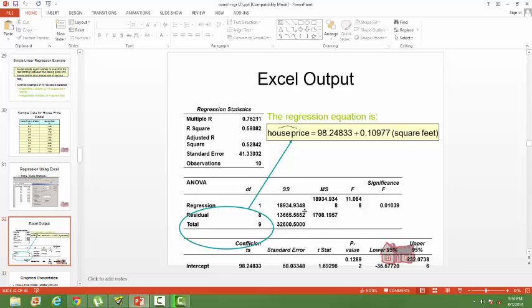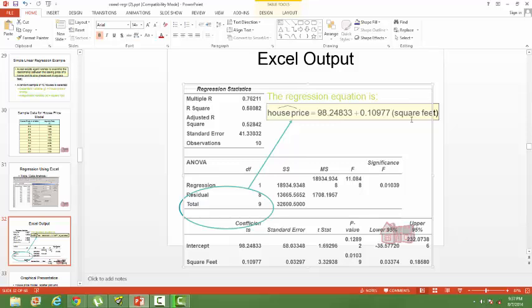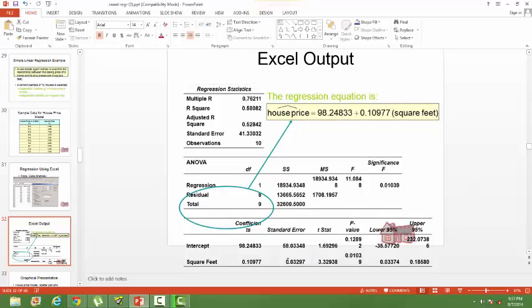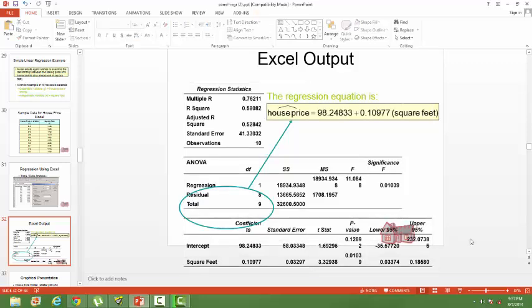In the regression output, as you can see, anyway, we'll get into the other things later.